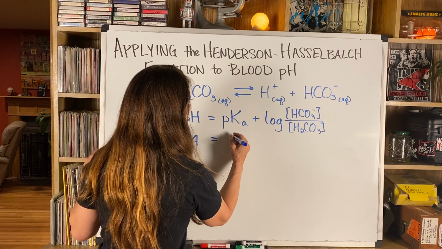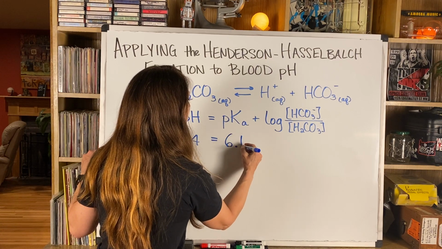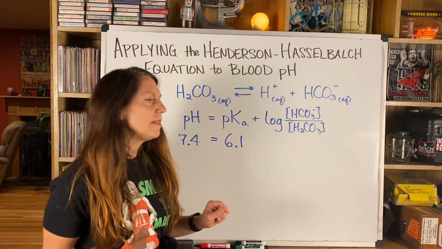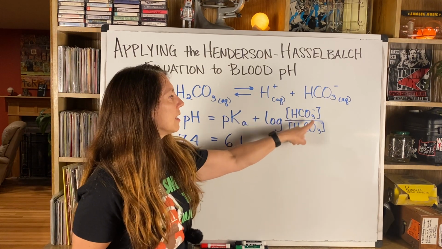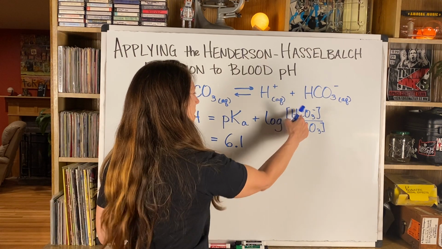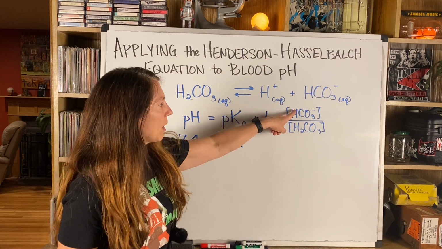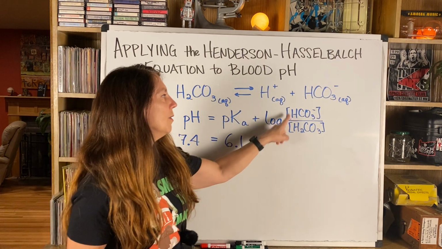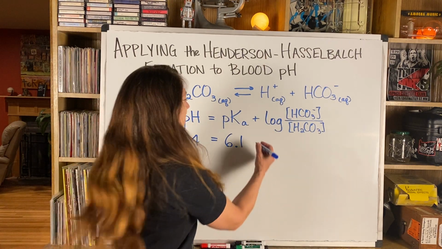Okay, so that is a known value at body temperature. So what that means is that we could actually calculate what the ratio is of bicarbonate over carbonic acid. We know this value, we could figure out what that ratio is.